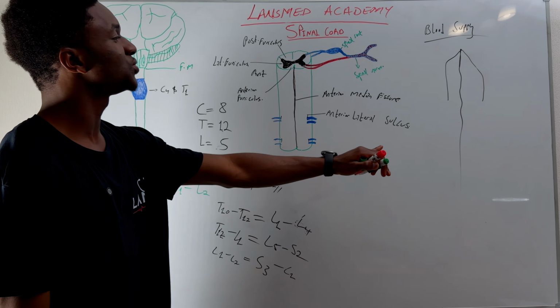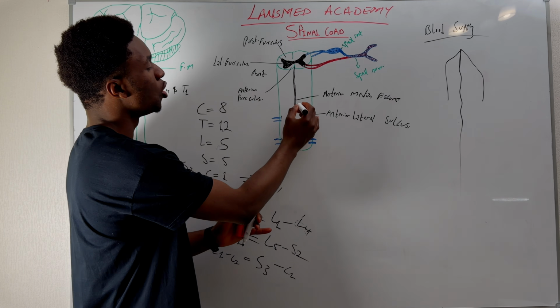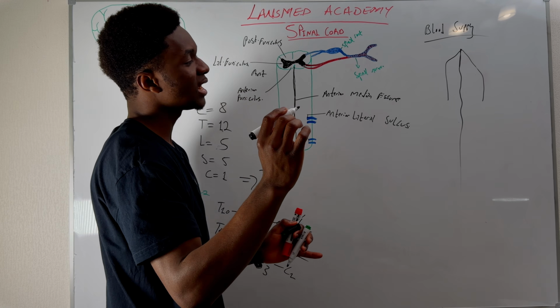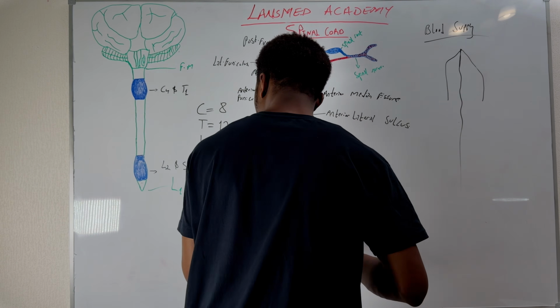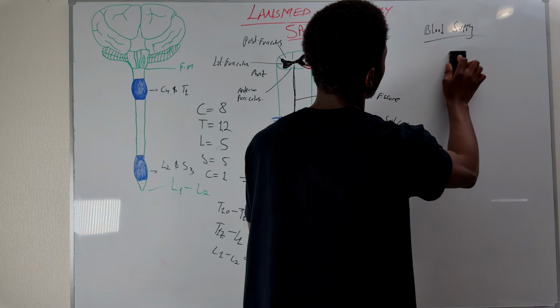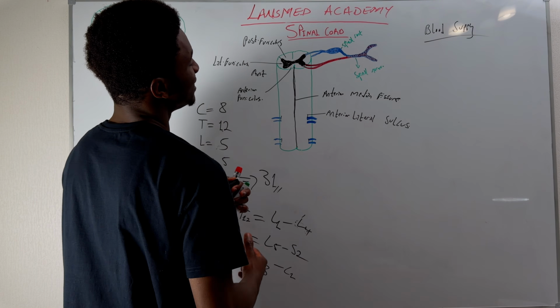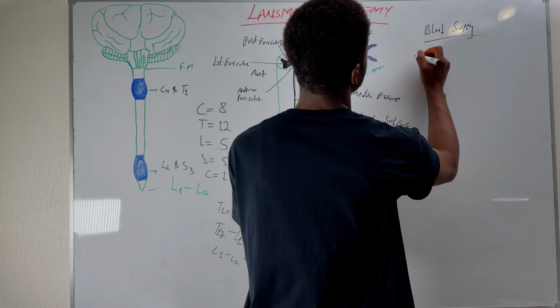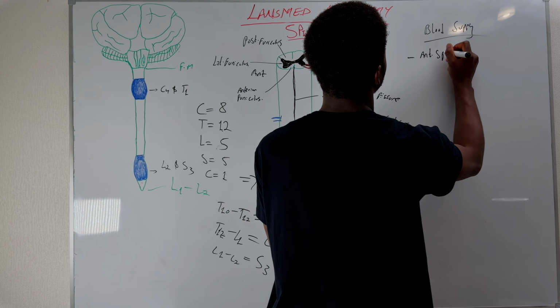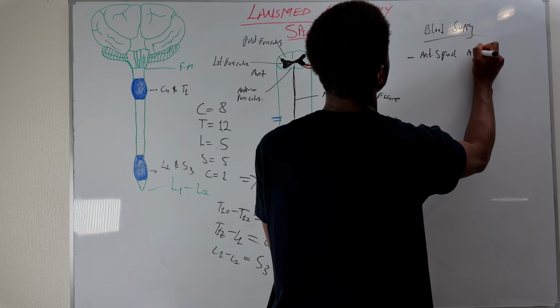And this is the artery that I told you would run in this anterior median fissure. So the first artery we are going to take note of is the anterior spinal artery, which runs in this anterior median fissure.